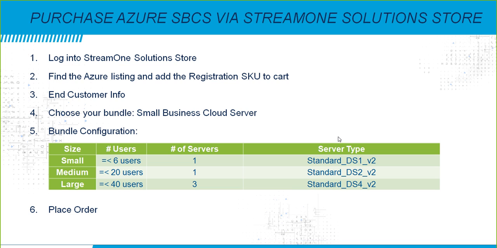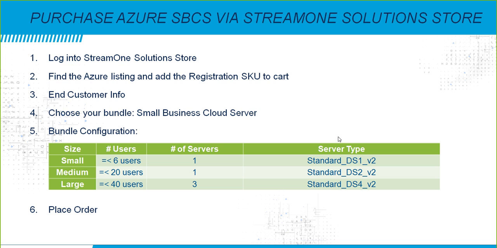Now if you have a user base of close to 20, we do still deploy the one server, but in this case the server type will be DS2 version 2, and it is 2 core with 7 gig of RAM. And if you're looking at a user base of close to 40 or 50, we deploy 3 servers, which are DS4 version 2, with which you get 8 core with close to 28 gig of RAM.